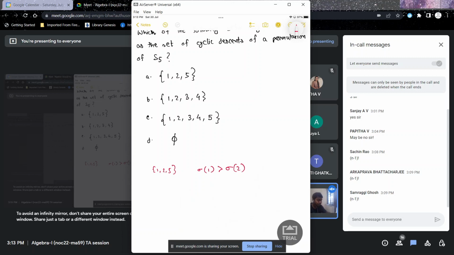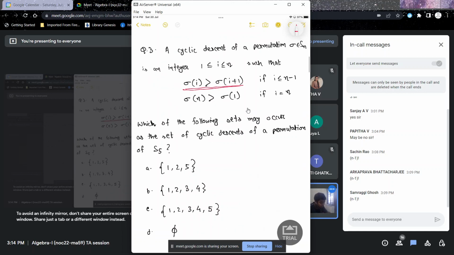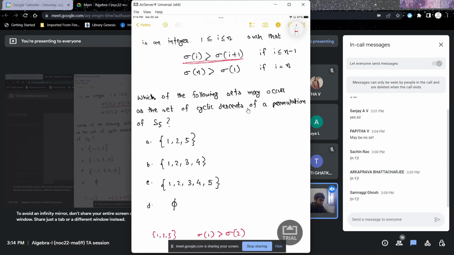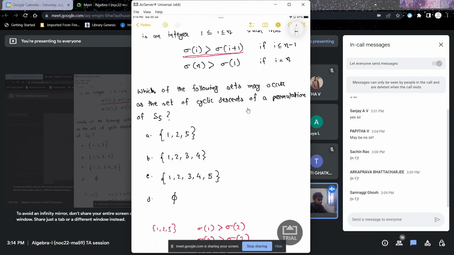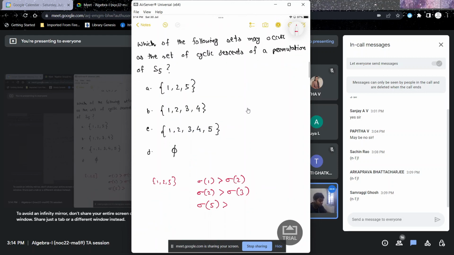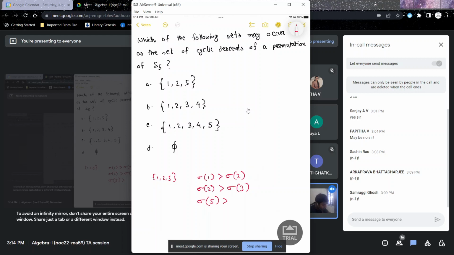Then you must have sigma of 2 strictly greater than sigma of 3, since 2 is a cyclic descent, and you must have sigma of 5 strictly greater than sigma of 1, since whenever you have i equal to n, in this case n is 5, sigma of n should be strictly greater than sigma of 1 for n to be a cyclic descent. So here 5 is a cyclic descent, and no other such inequalities should hold, because 1 to 5 is precisely the given set. You want this particular set to be the set of cyclic descents.